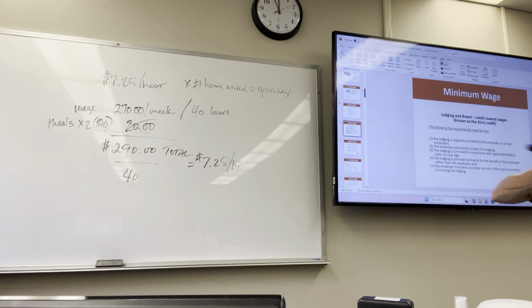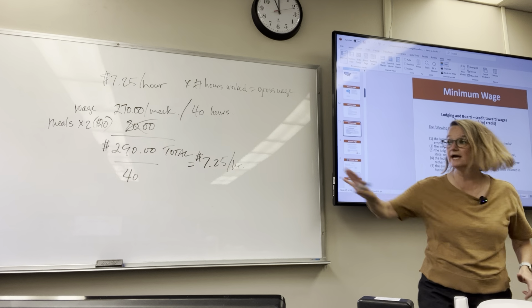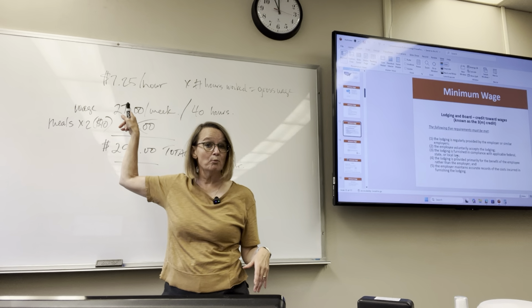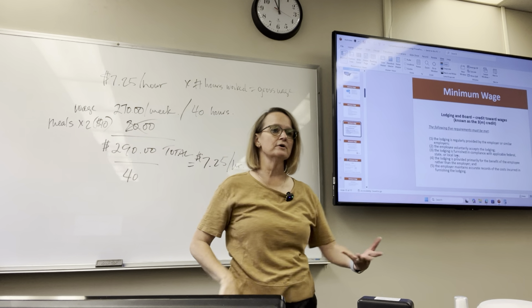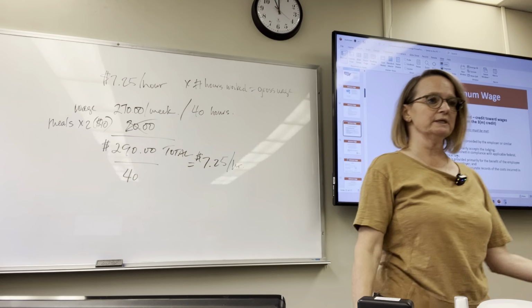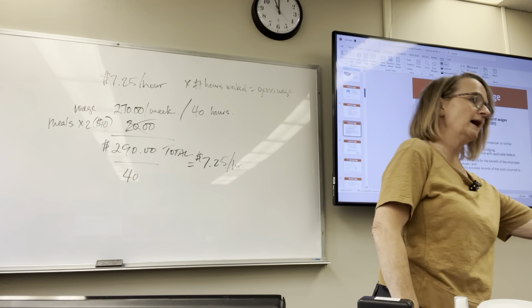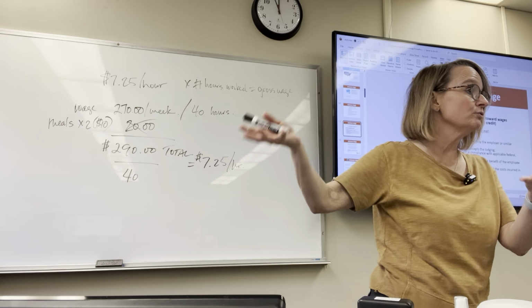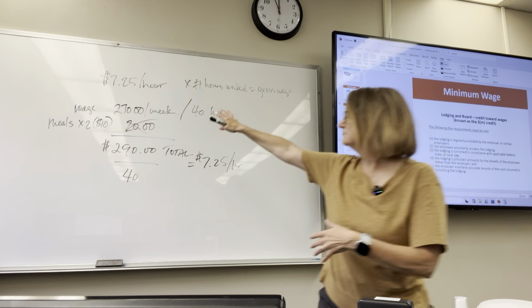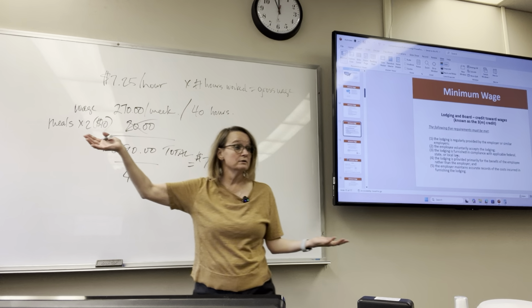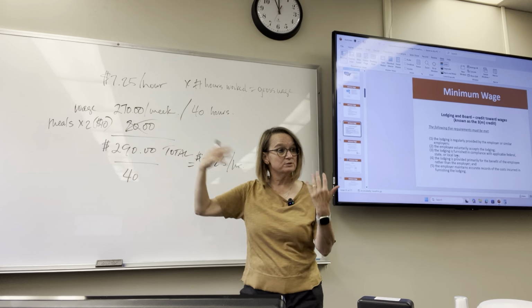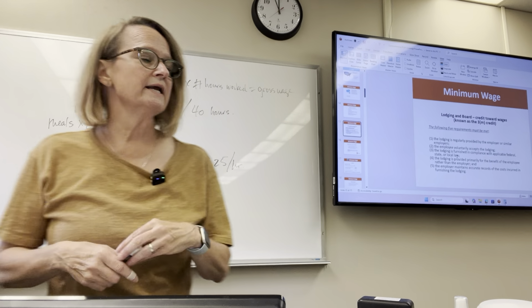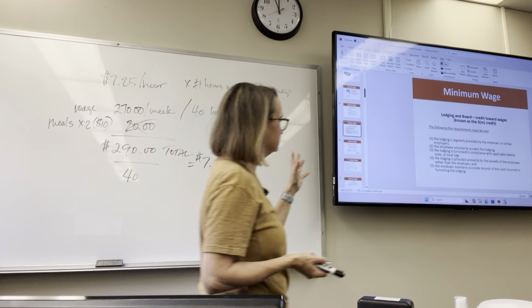In that case, they're not going to include the value of that hotel room, or the cost to them, in this calculation of minimum wage. If, however, it's the end of your shift and it's really late and you don't want to drive home, you've got an hour drive and you decide, I just want to stay, and they allow you to stay in a room, they can include that in the calculation of your minimum wage because it was for your benefit at the end of your shift. So that's an example for the lodging situation.